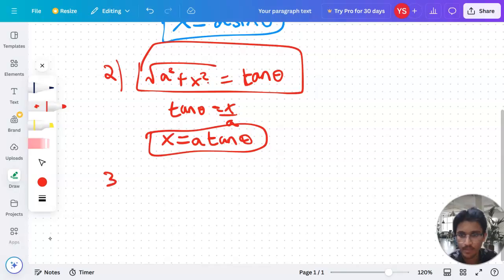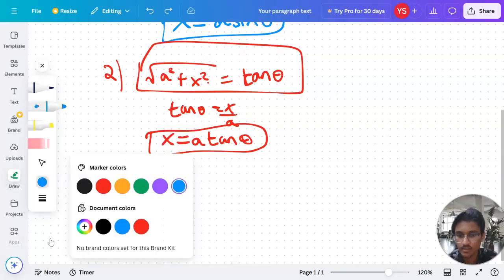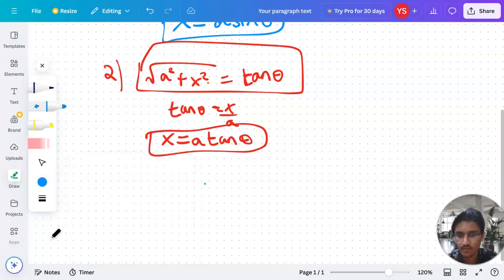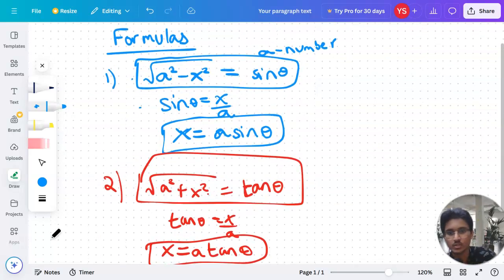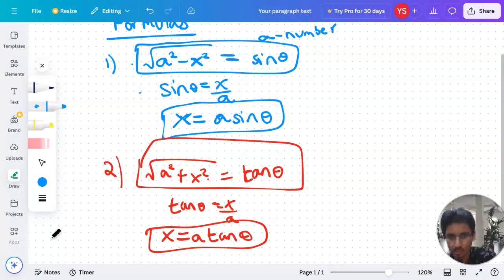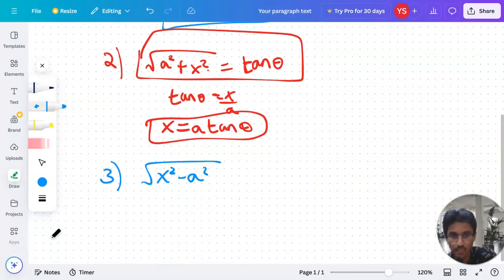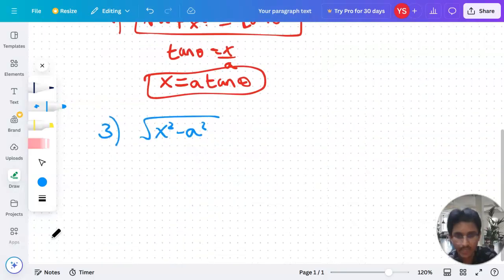Now for our third and final case, we're gonna be using this formula. Let's have a look. So if we get x squared minus a squared, instead of a squared minus x squared, it's switched around. So you could think of it as the opposite of sine theta. If you get x squared minus a squared, what are we going to be using? You guessed it right.